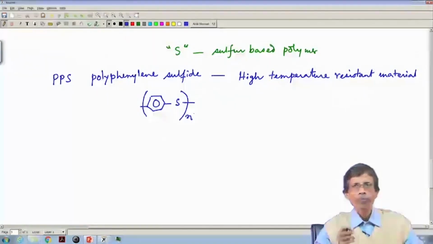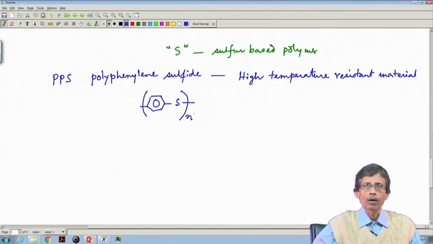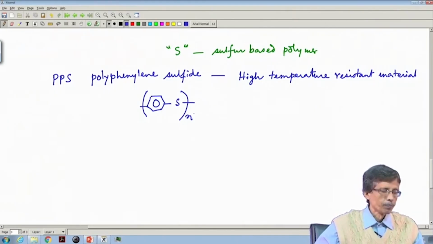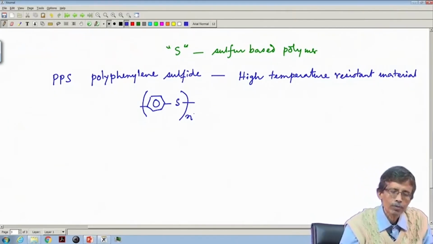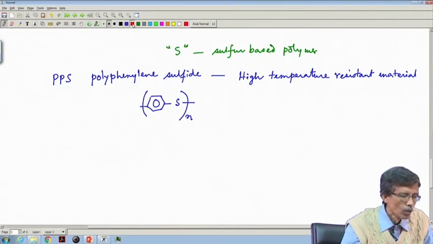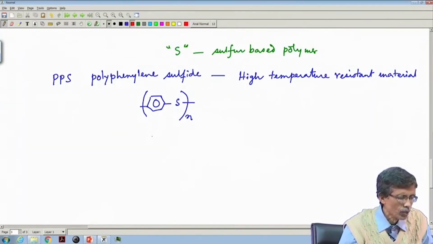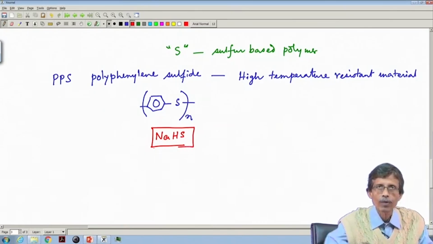So you should know what particular inorganic compound which can be produced in huge quantity is useful for making a polymer bearing sulfur in it. After the sodium sulfide, the other one, if we can get the bisulfide, is also useful. How do you make the sodium bisulfide species?